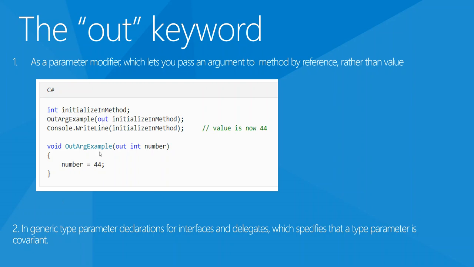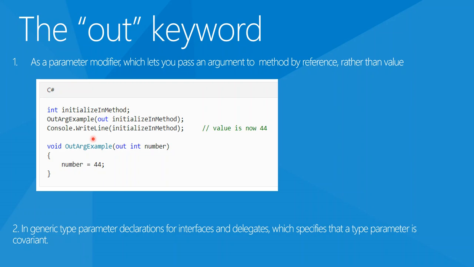The function computes a value, and the result is returned in the out parameter. This is a pretty basic example of an out keyword, and how it's used in C sharp.